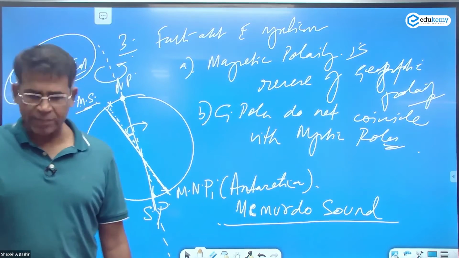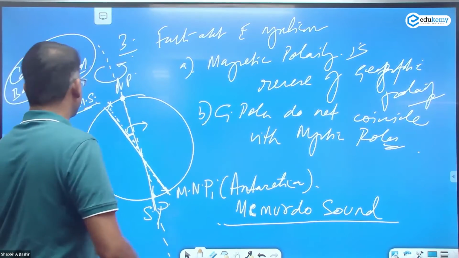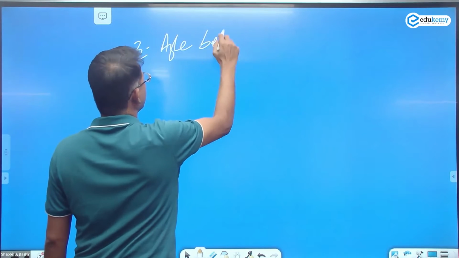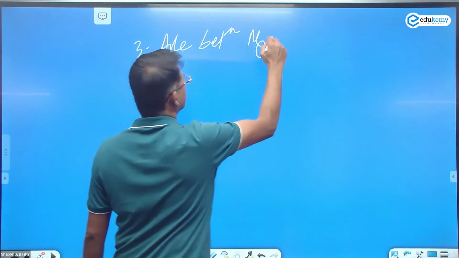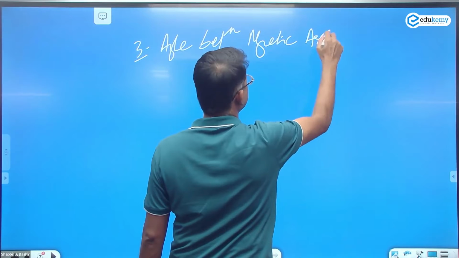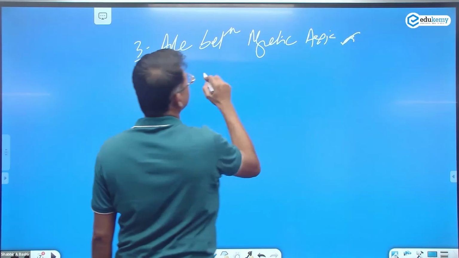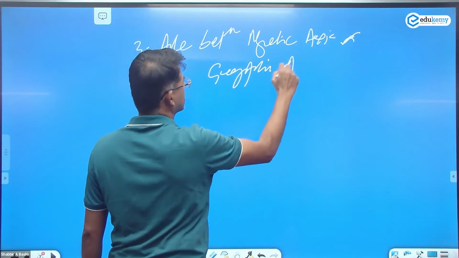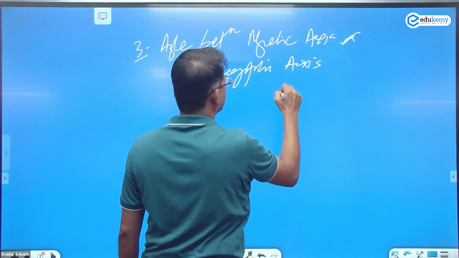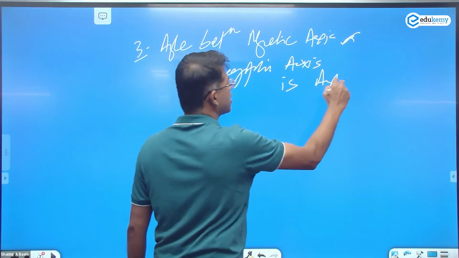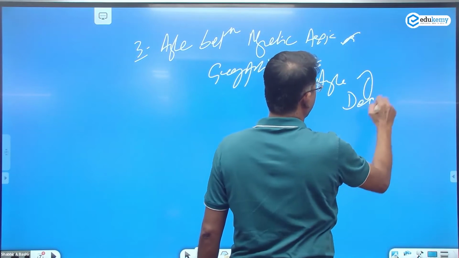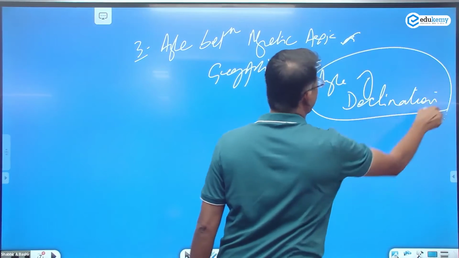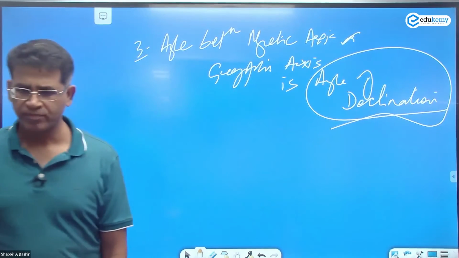Okay, so the third point: the angle between the magnetic axis and the geographical axis is called the angle of declination.